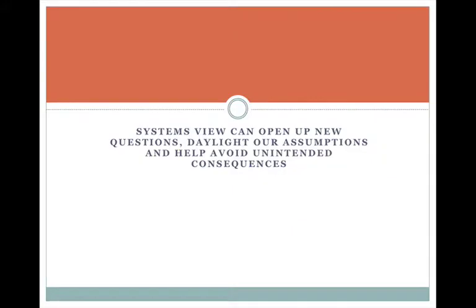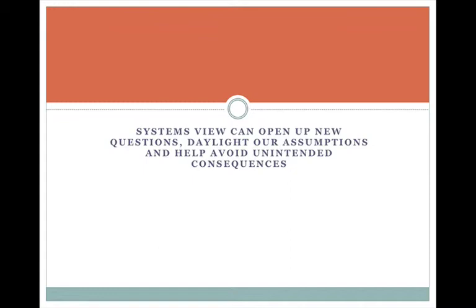Now finally, one of the things that a systems view does is help us open up the questions, identify our assumptions, and then if we do that, it might help us avoid unintended consequences. And again, one of the values of using many different tools to address problems is that the more tools you use in concert, the more chance you have of avoiding surprises and bad unintended consequences.